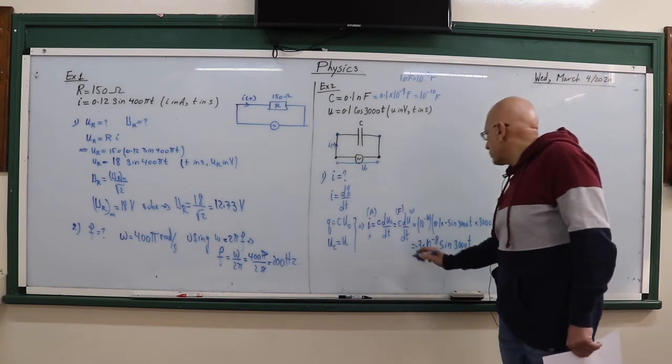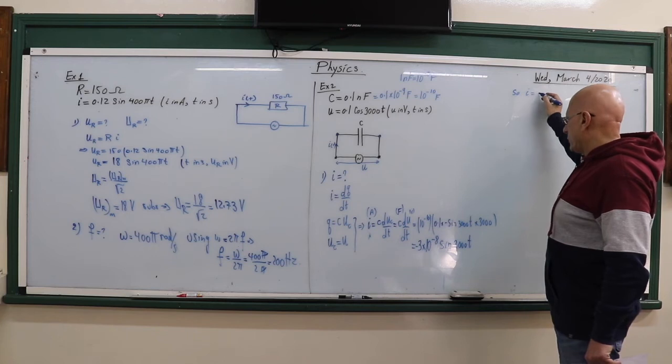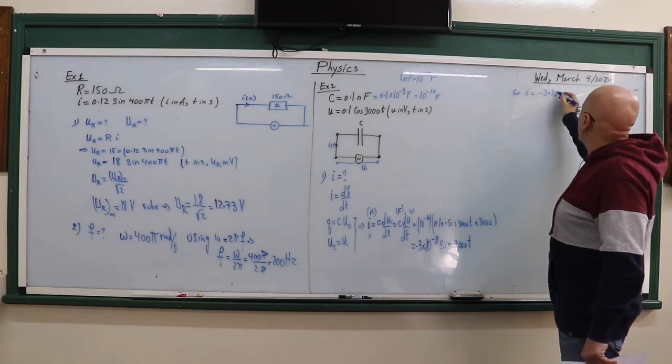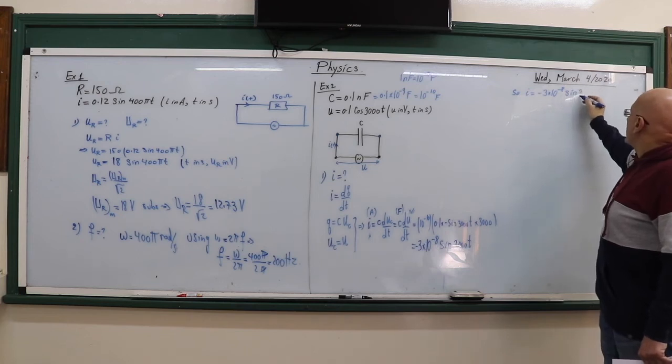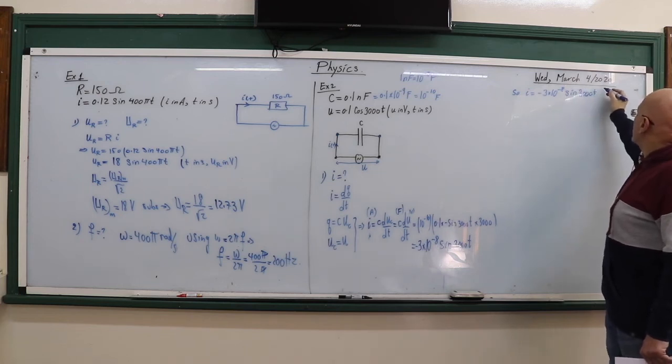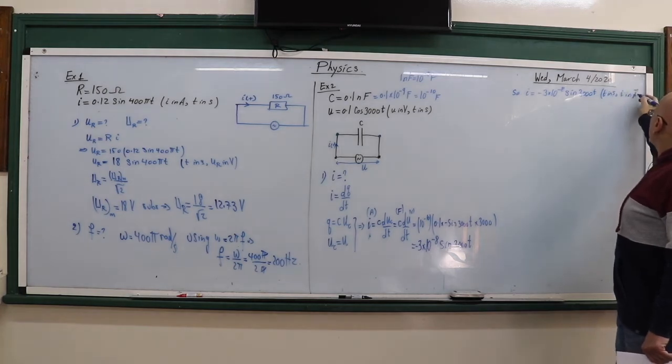This is the expression of I. So I is equal minus 3 times 10 power minus 8 sine 3000 t, t in second, I in ampere.